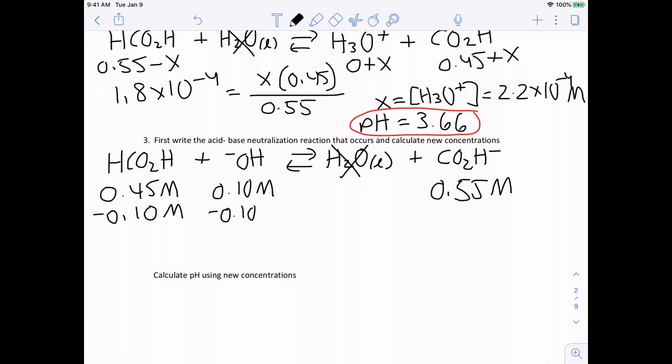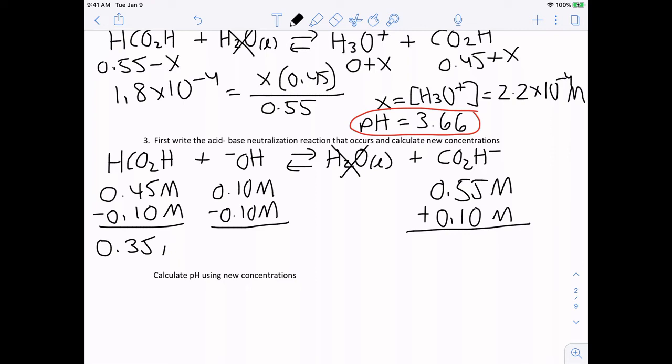So take the smaller, subtract it from both, add it to the product side. Always subtract from the reactant side, always add to the product side. So my new concentration of formic acid is 0.35 molar. This is going to 0, and this is 0.65 molar.